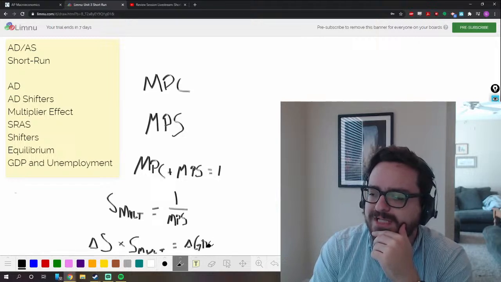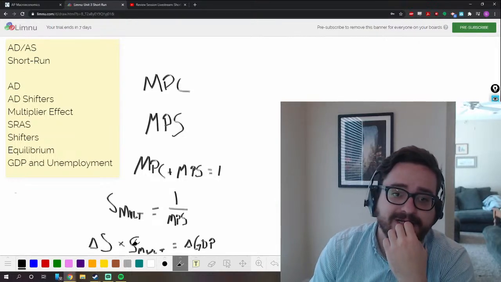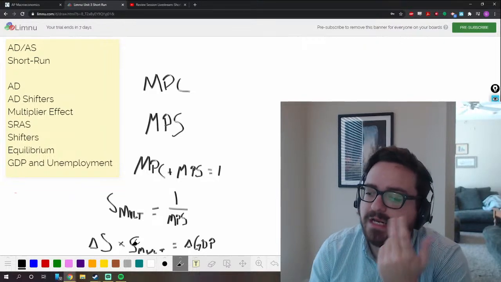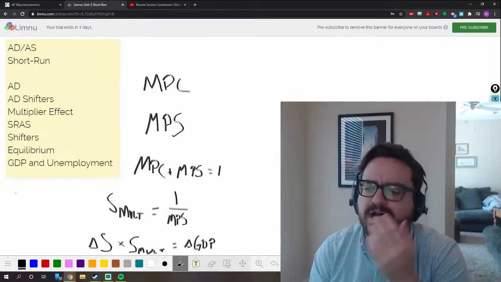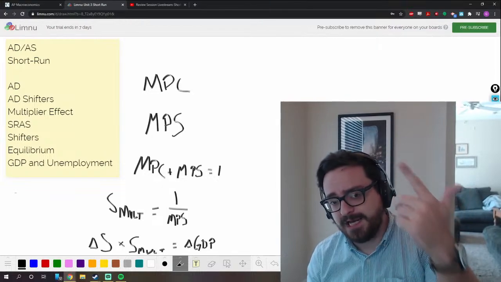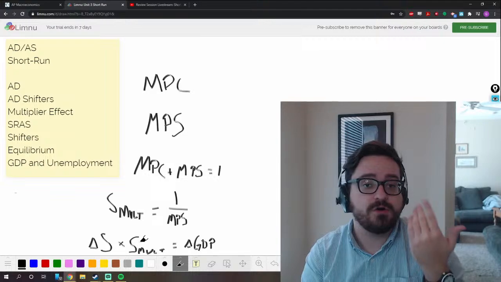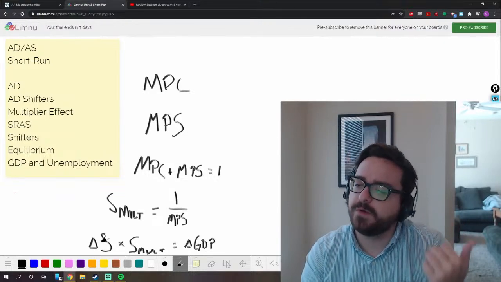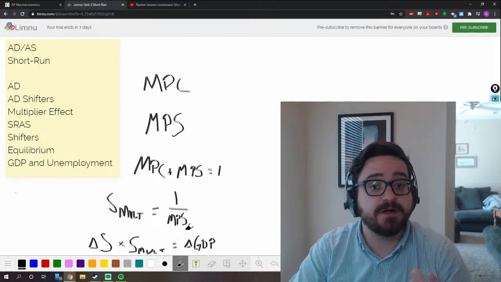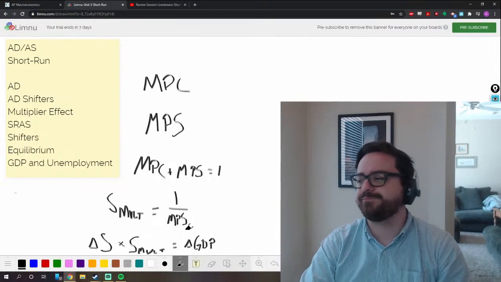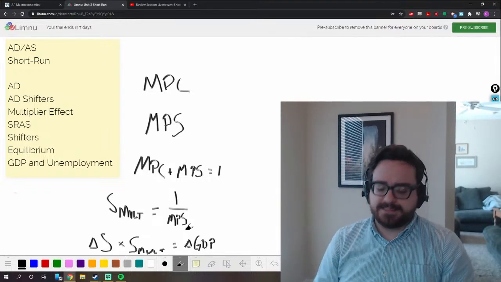I want to know how much that $100 increase in spending affects GDP by. Well, if the MPS was 0.2, I have a $100 increase in spending. Change in spending, 100. Multiplier, 1 over 0.2, that's 5. So 100 times 5, GDP would go up by as much as $500. That's the basic idea there.